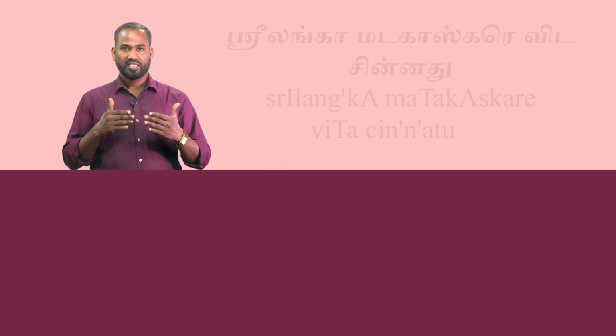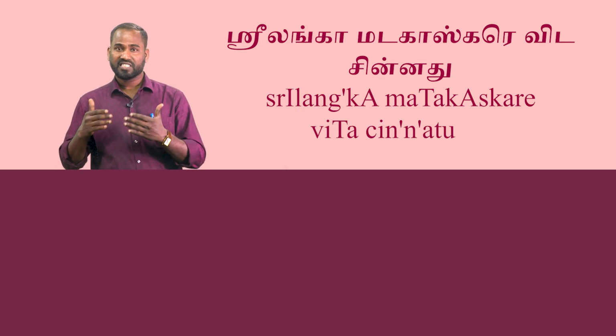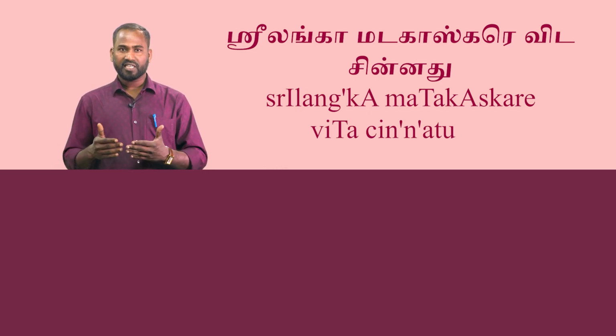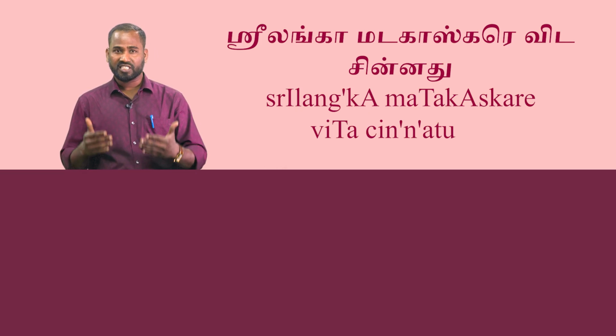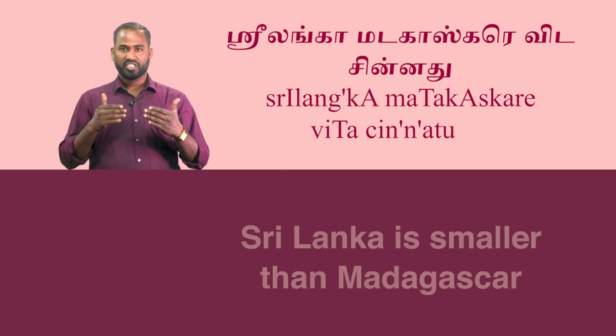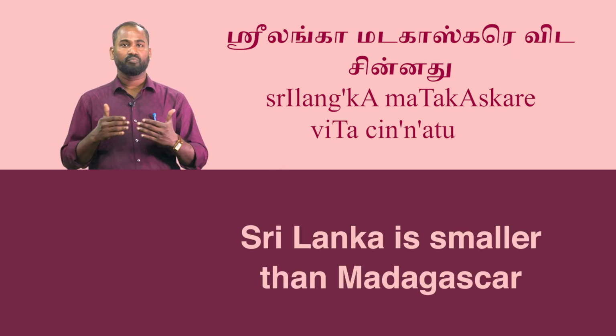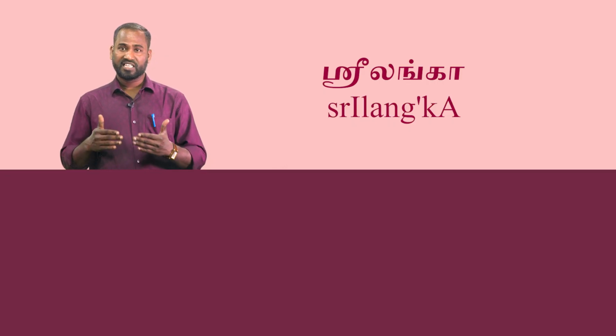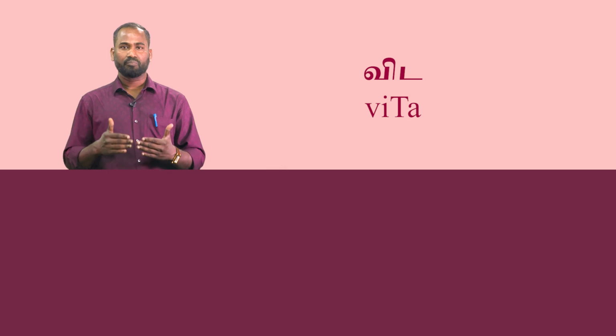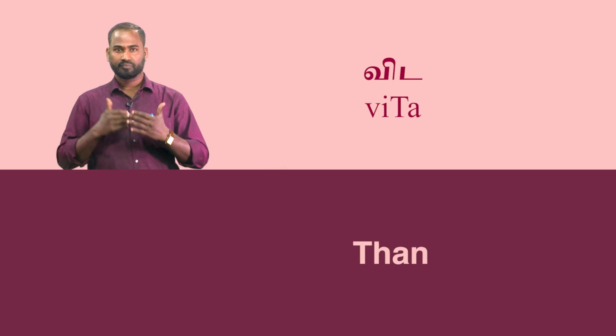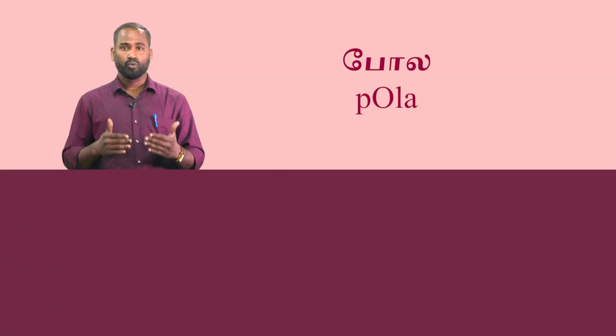Next sentence. ஸ்ரீலங்கா மடகாஸ்கரை விட சின்னது. The Tamil sentence ஸ்ரீலங்கா மடகாஸ்கரை விட சின்னது is translated as Sri Lanka is smaller than Madagascar in English. Here, Sri Lanka means the country Sri Lanka. The comparative marker vida is used to compare, meaning than. In Tamil, when using comparative markers such as pola or vida, the noun being compared takes the objective case.